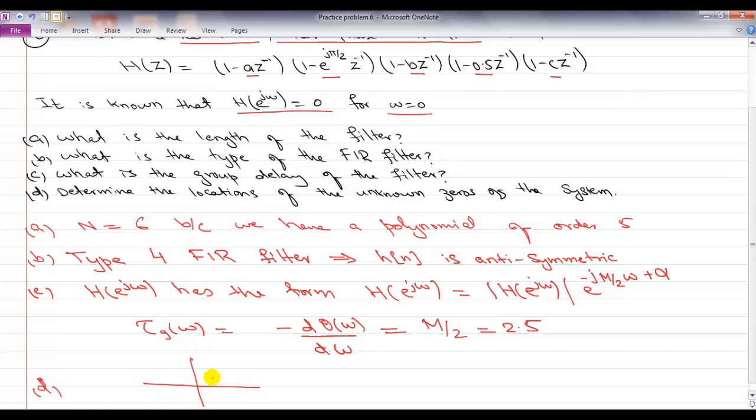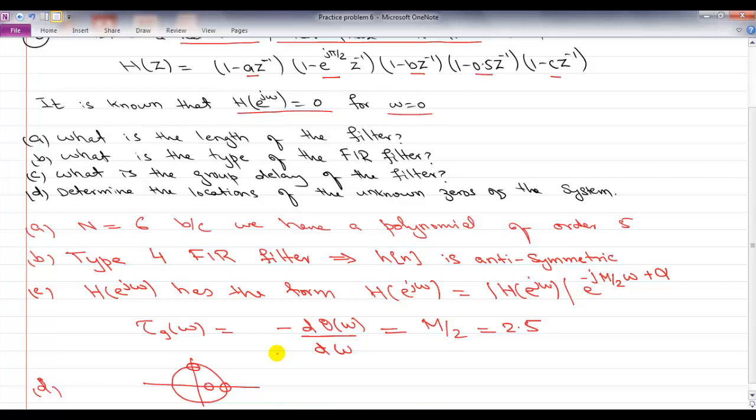So let's find out first what are the zeros that we know about. We have a 0 at z equal to 1. We have a 0 at e to the j pi by 2. So we have a 0 here. And we have a 0 at z equal to 0.5. So we have a 0 at this location. And we are asked to find a, b, and c.